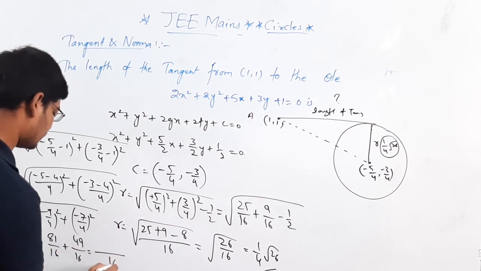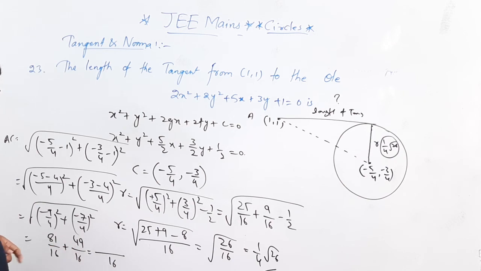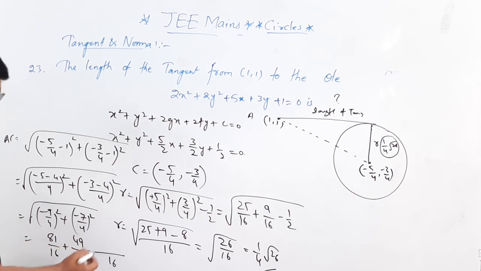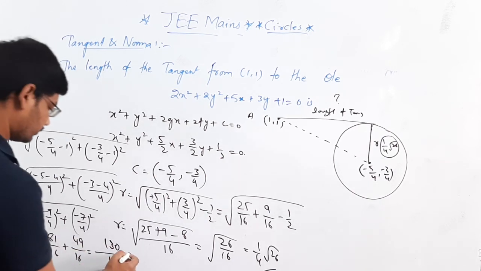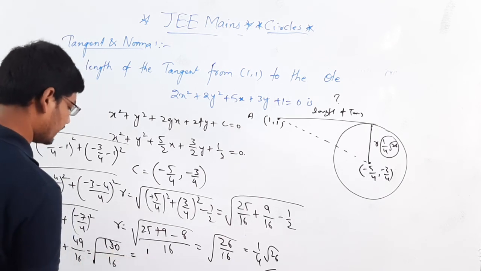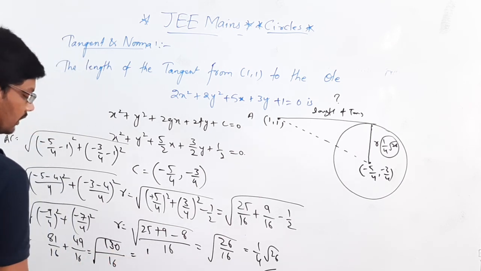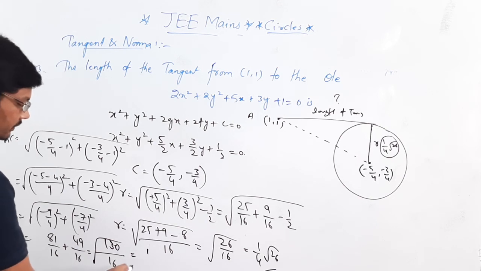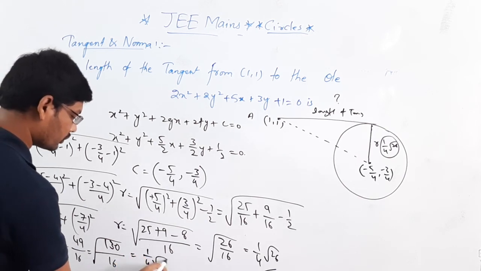LCM is 16 here. So 81 plus 49 is 130, 130 by 16 under the square root here, and if you cancel it, 1 by 4 of root 130.